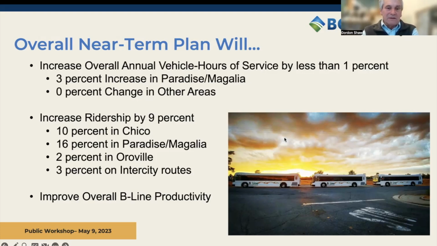So you can imagine, if you are increasing ridership, but you're not increasing costs, you're really increasing the productivity and effectiveness of the transit program. And that's what we set out to do.